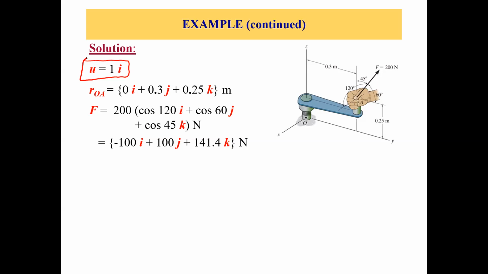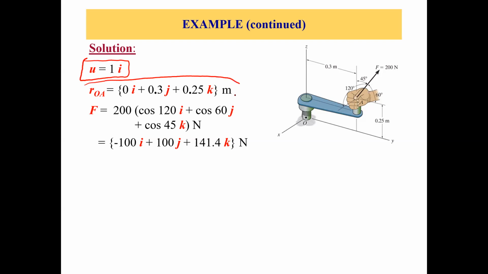Next we need to find r_OA, the position vector between point O and point A. Again, tip minus tail rule. Here A is the tip, O is the tail, so A minus O. You have the distances, so you can find the position vector. It will be 0i plus 0.3j plus 0.25k.